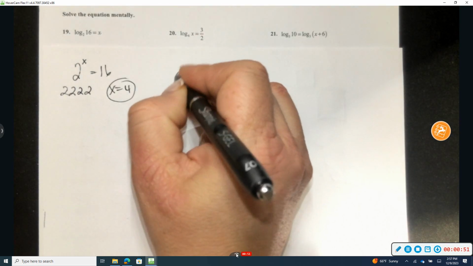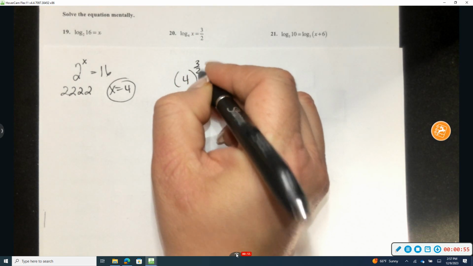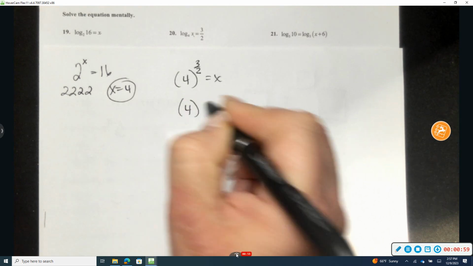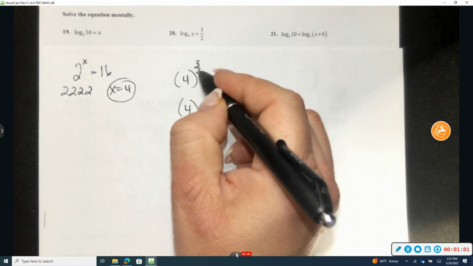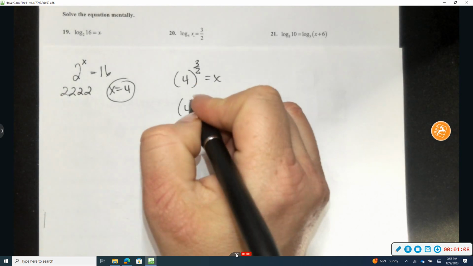So I start with a base of 4, and I raise it to a value of 3/2, and then I bring it straight back to equal x. When we do this problem, we first need to always apply the bottom number first when we have a rational exponent.